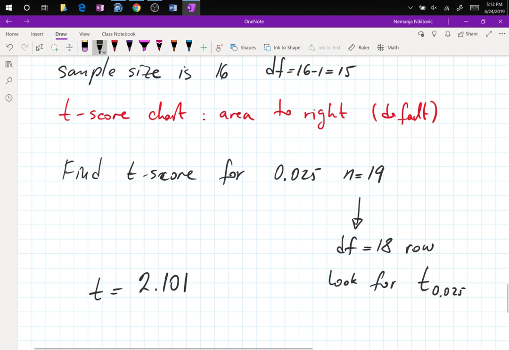You will use the t chart to get the t, and you will have exactly the same formula like you had right now, except all of the parameters in the formula are going to be sample based. Instead of z alpha over 2, you will have a t-score. Instead of sigma, you will have s, and then you will have a square root of n. So the formula will look identical, except all of the parameters will be sample parameters, which means that you can finally just look at the sample that you have, and you can make a prediction about the mean.